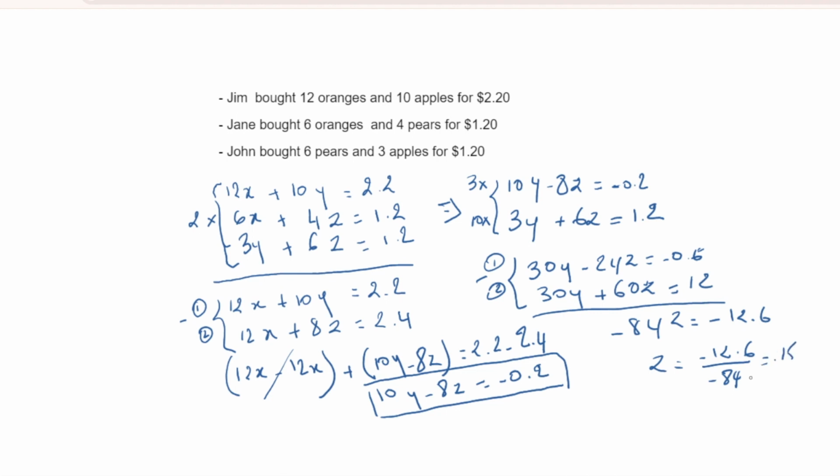Once we find the z, 0.15, we can replace it here, and we can find y, for example, from 3y plus 6z equal to 1.2.